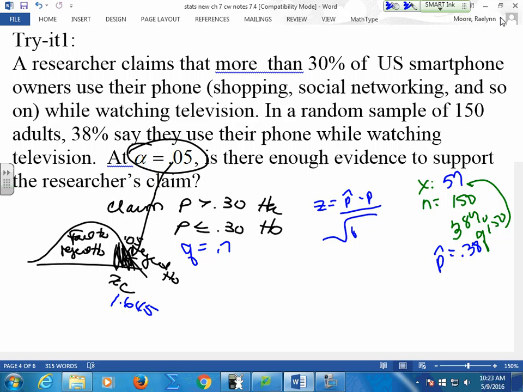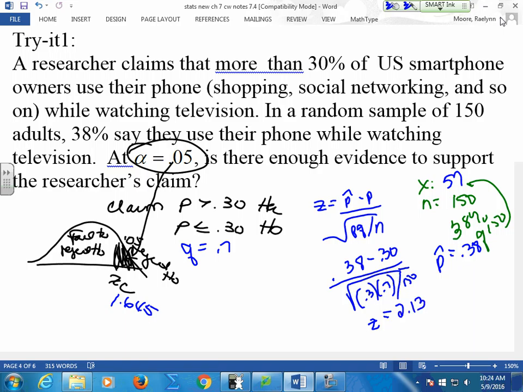If you're a formula person, p hat 0.38 minus 0.30, make sure this all stays underneath 0.3 times 0.7, all underneath the square root sign, 150. So what's my z-score? 2.13.